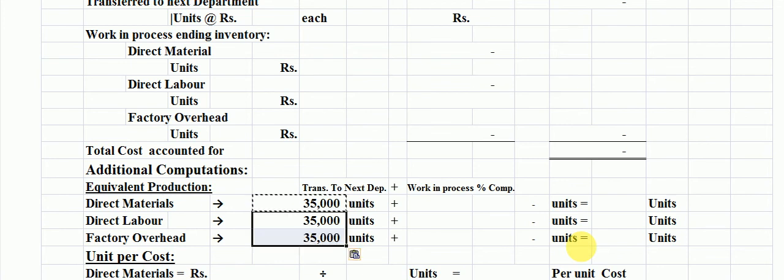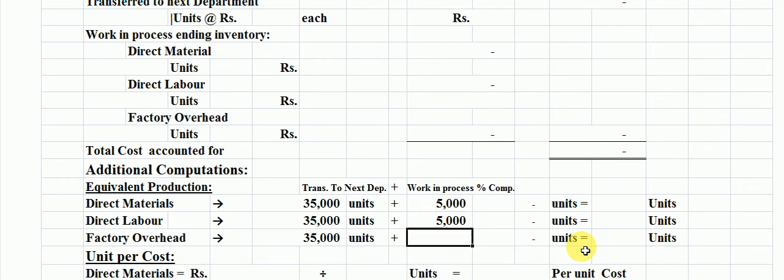Now the units which are still in process are 5,000 units, and also 5,000 units in the three heads.